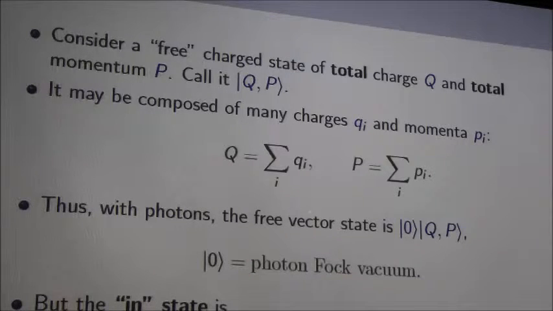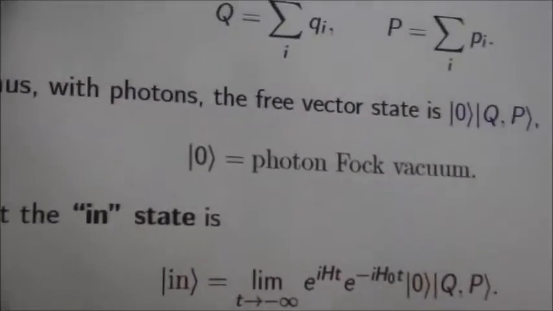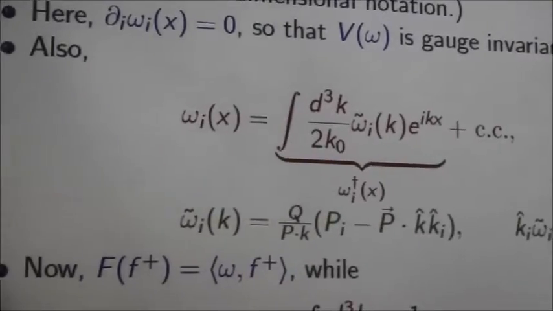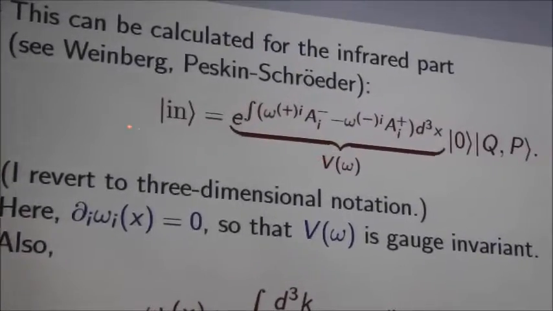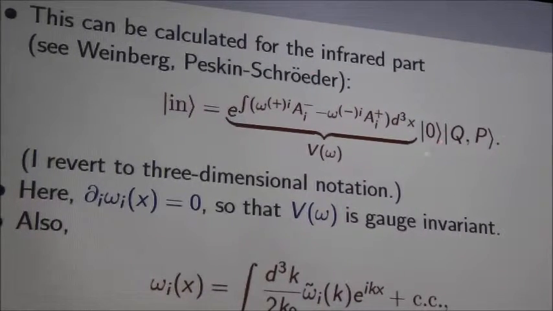Then the out state in scattering theory is obtained by applying this Møller operator, which is this operator acting on the Fock space state. You can calculate it. It is a standard time-dependent perturbation theory calculation, and you get this expression. But this V omega is a Weyl operator, which is replacing this W psi now explicitly. Okay? So I can calculate what it is.